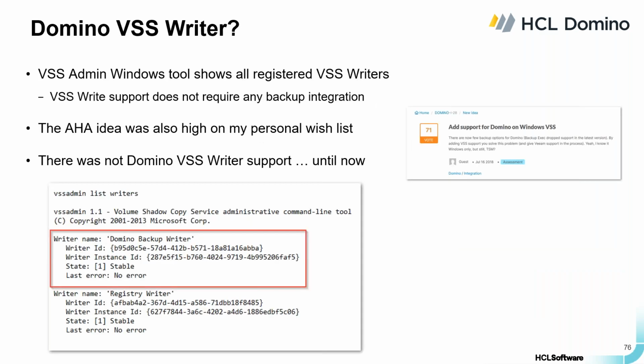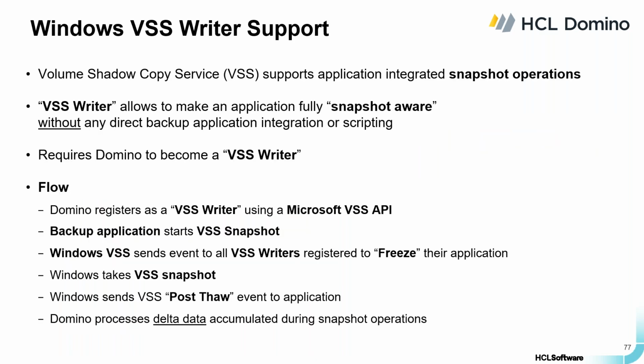So, VSS writer. Wouldn't it be cool to have Domino just be listed as a VSS writer? It had been an idea that was around for a while. It got quite a lot of votes, but it wasn't that easy to implement. So what would VSS support mean? It would mean the Domino server needs to register itself as a VSS writer using the Microsoft VSS API.